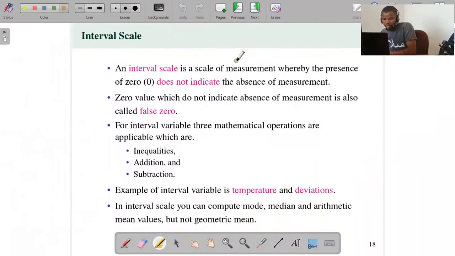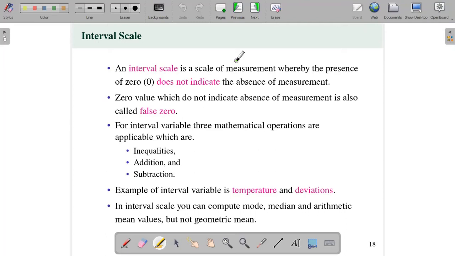But now here for the interval scale, the definition. An interval scale is a scale of measurement whereby the presence of zero does not indicate the absence of measurement. There is a number beyond zero. In short, if you see zero under interval scale, that is a false zero. And the example for this, I will start with the first one, which is most famous, the temperature.